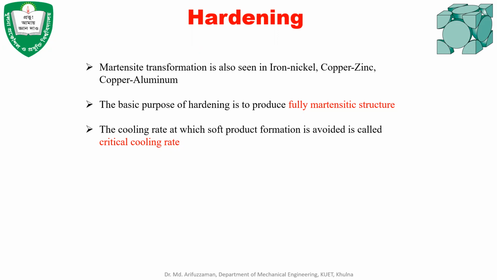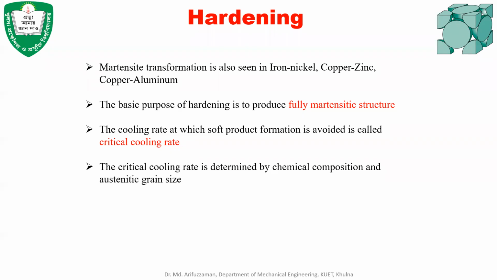That is why the cooling rate at which the soft product formation is avoided is called the critical cooling rate. And the critical cooling rate also depends on the chemical composition, like how much carbon is present in the matrix, or in the copper-zinc combination how much zinc is present, or in the copper-aluminum combination how much aluminum is present in the matrix. These are the determining factors for the cooling rate, and it can be determined by experiment.